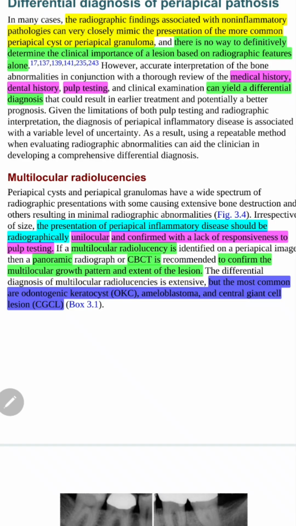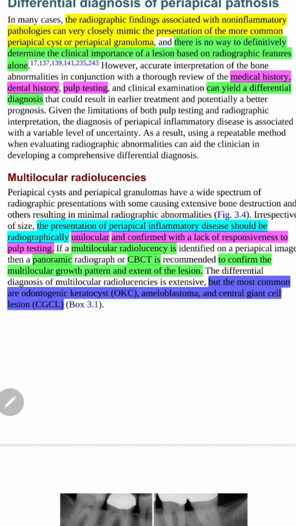Let's see what the multilocular radiolucencies are. The presentation of periapical inflammatory disease should be radiographically unilocular and confirmed with lack of response to pulp testing.